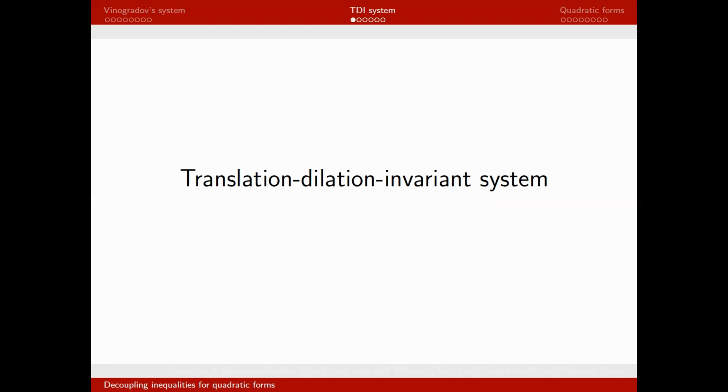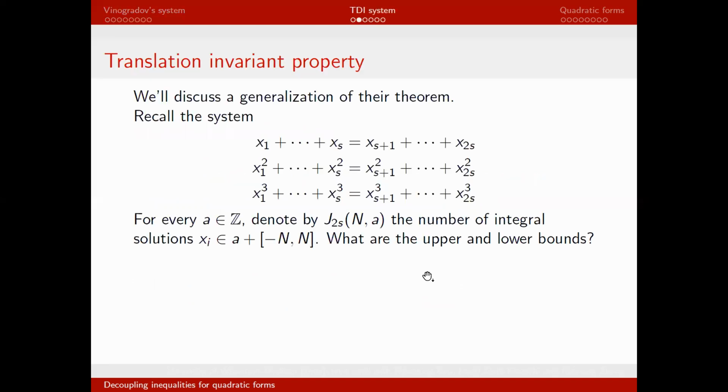Now I will talk about a more general problem. This is the cubic case of Vinogradov's system, and now we introduce another parameter a. This is the number of integral solutions x_i, but x_i now belongs to the translated interval.